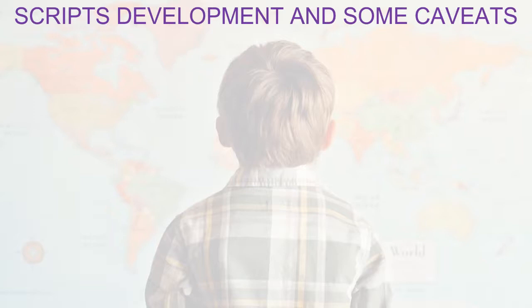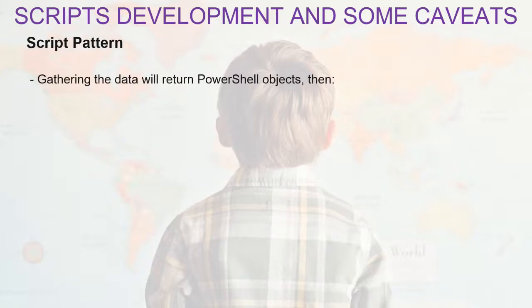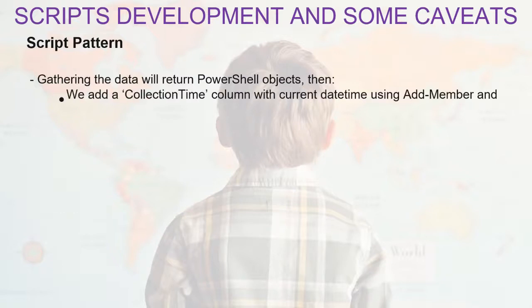Regarding the script development, I will talk about what I have done and the caveats that I have already overcome. The script pattern is nothing more than the dbatools command that we saw before, running against some instance, collecting the data, and outputting PowerShell objects, to which we add a collection time column.